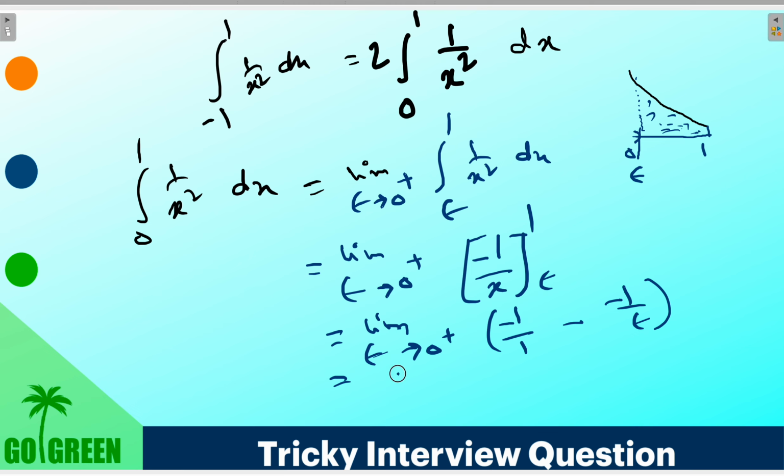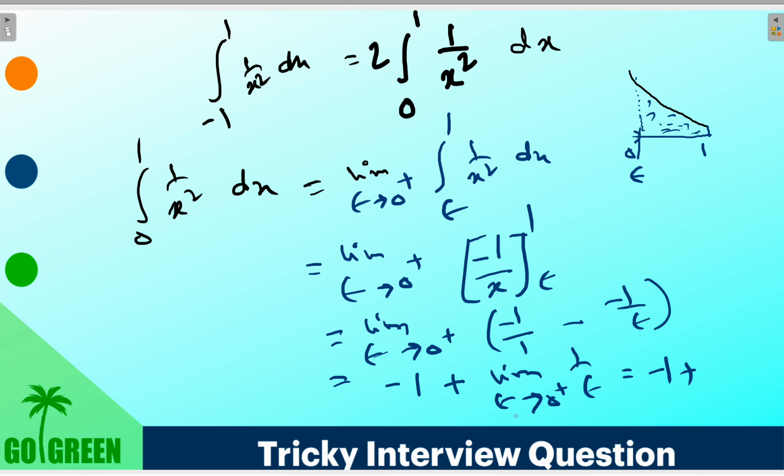So basically this is a constant, which I can take outside the limit, which is minus 1, and then minus 1 by epsilon, so this must be plus the limit as epsilon goes to 0 plus of 1 by epsilon. So this is minus 1 plus the value of the limit.